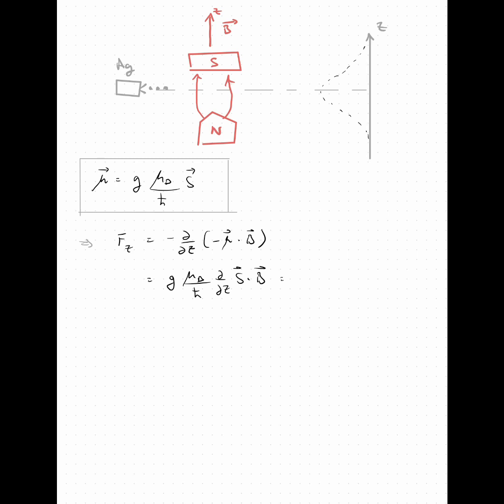And that can be rewritten as g mu_B over h bar, S_z dB_z/dz. Okay.